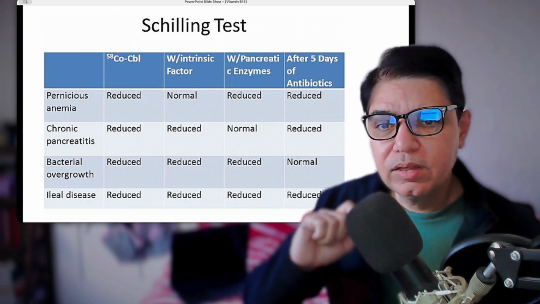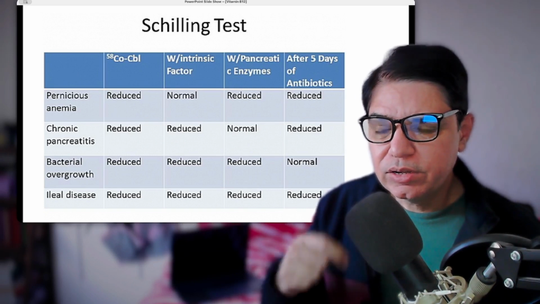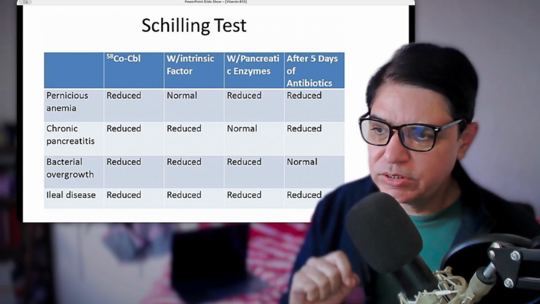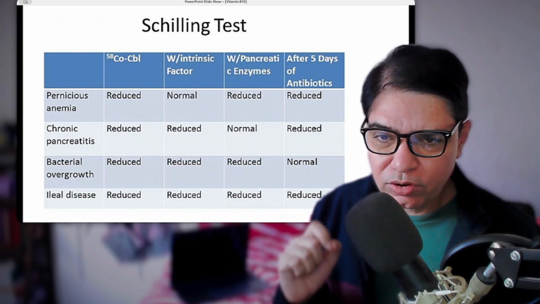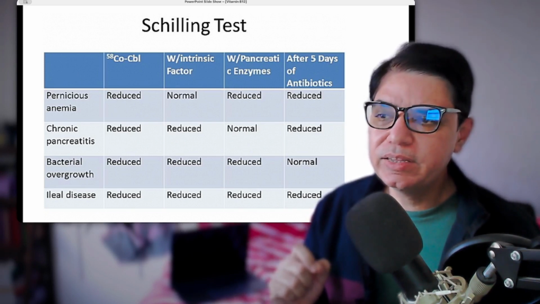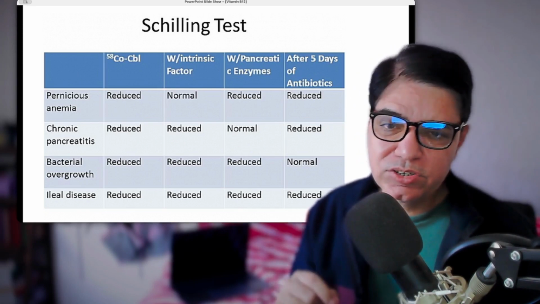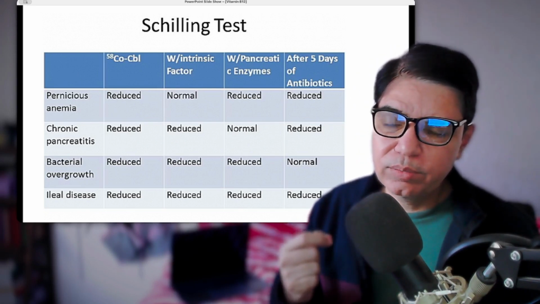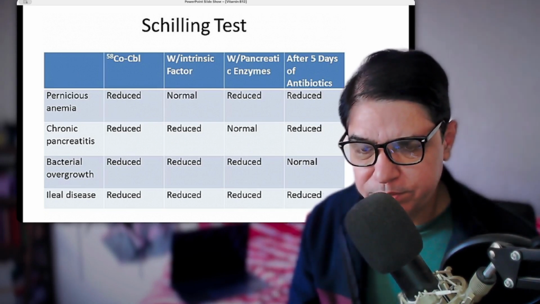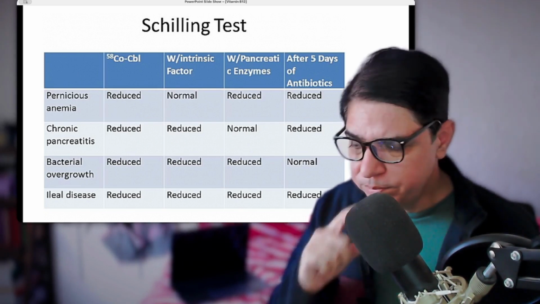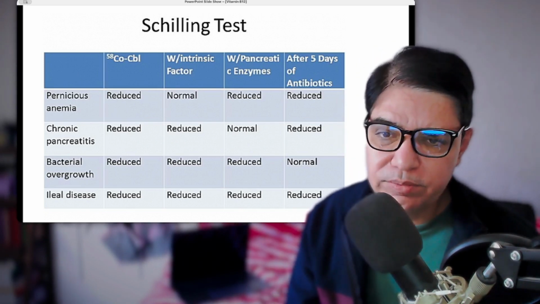So if somebody has neuropsychiatric symptomatology and their vitamin B12 levels are normal, you cannot simply exclude vitamin B12 deficiency based on that. The more sensitive test is MMA and homocysteine, methylmalonic acid and homocysteine.